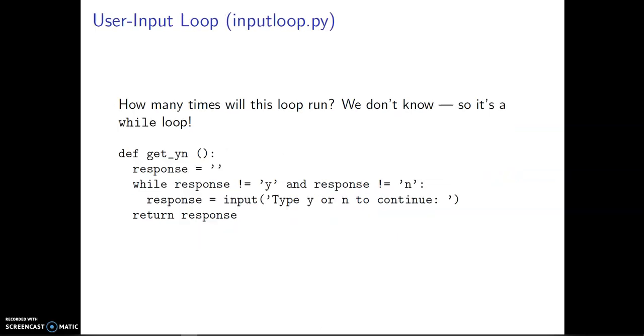So let's take a look at this little function here. It's kind of interesting. Okay, so get_yn. First, the response is set to a blank space. So while response is not equal to y and response is not equal to n, we bring in the response: type y or n to continue.